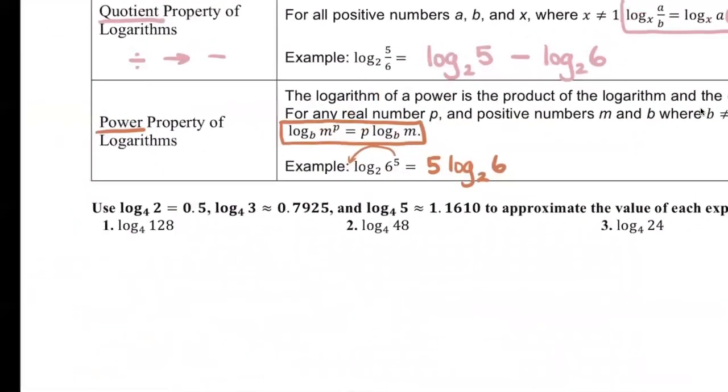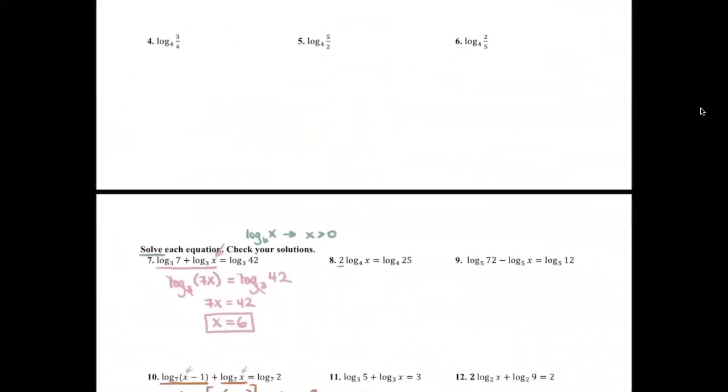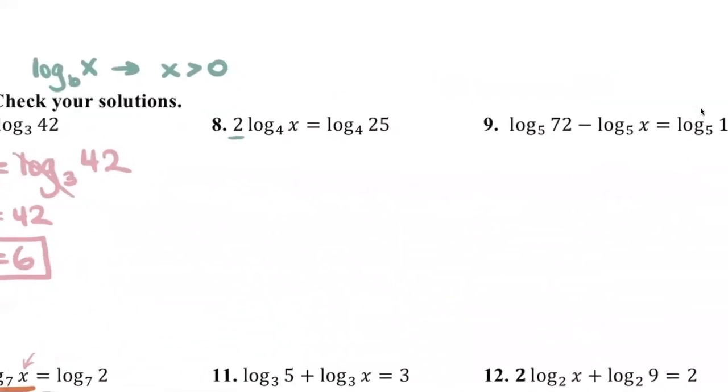All right, so the third property, if I have a number out in front, I can bring it up as an exponent, like going the opposite way. All right, so I'm going to do that with number 8. I'm going to bring up the 2 as an exponent of x. This is log base 4 of x squared now is equal to log base 4 of 25.